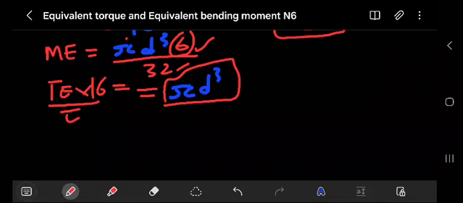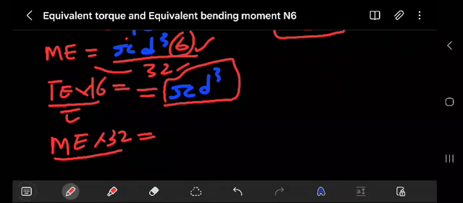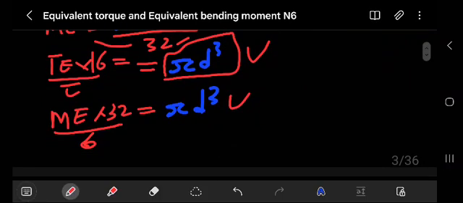Working on the other one, we know we have ME. I'm working on that, multiplied by 32. I want to manipulate, divide by the stress there. So we'll be left with pi to the power of 3. So we see this and this are the same thing, guys. So we can simply equate them.